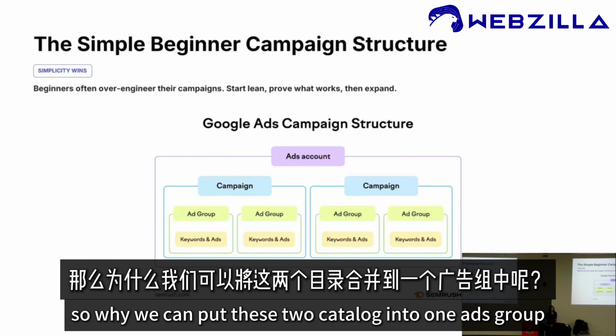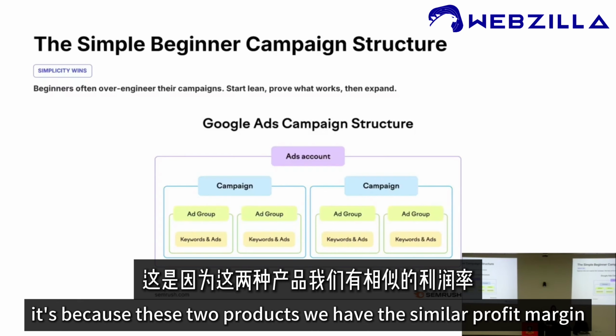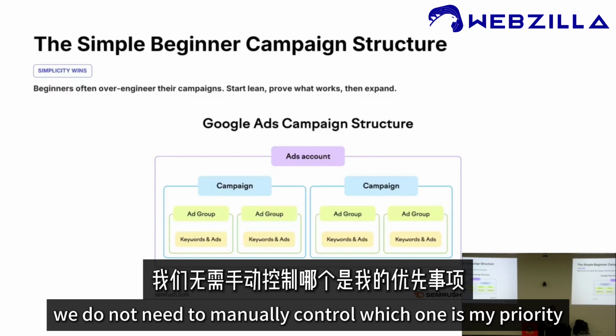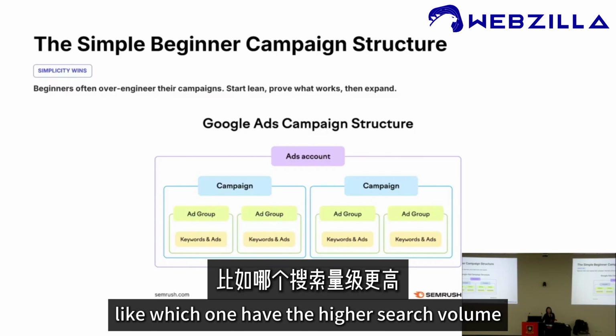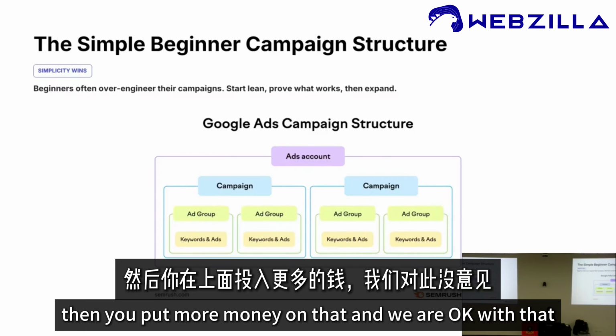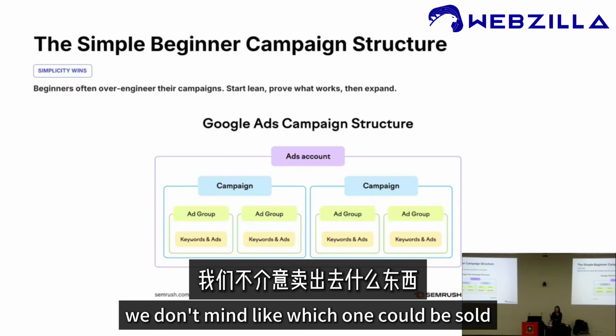So why we can put these 2 catalog into 1 ads group is because these 2 products, we have the similar profit margin. We do not need to manually control which one is my priority. We let Google to decide, which one have the higher search volume, then you put more money on that. And we are okay with that because we don't mind which one could be sold.